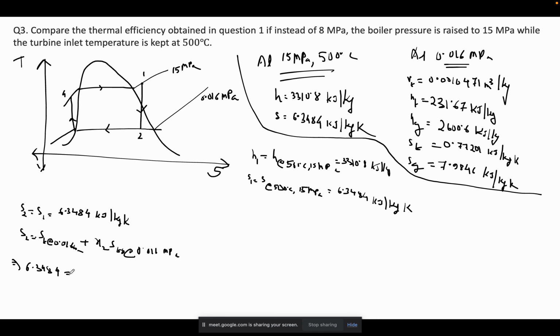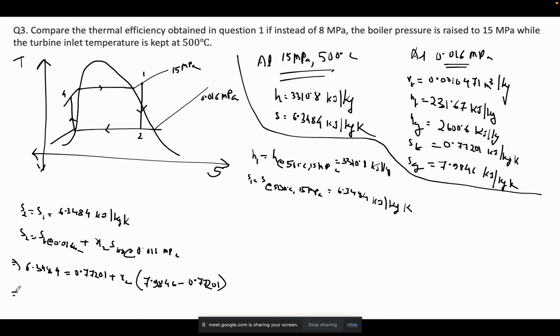Okay, so from here you'll get 6.3484 is equal to 0.77201 plus x2 times (7.9846 minus 0.77201).